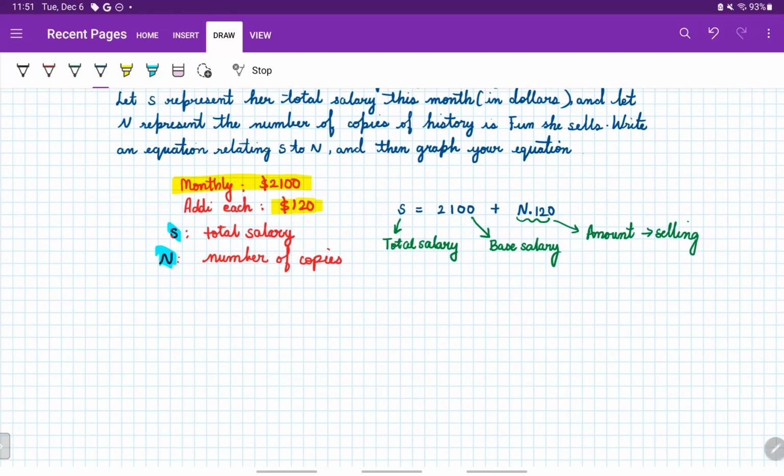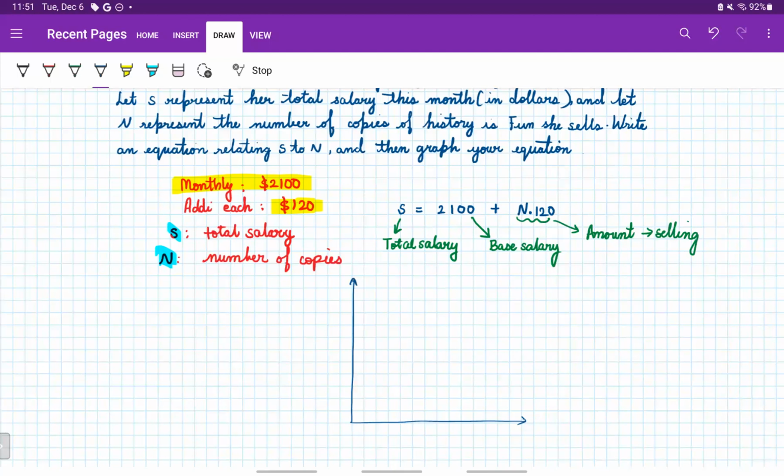Okay, let us now try to graph this. It's going to be a straight line, and it only will be in the first quadrant, where the money is positive and the number of items she sells is positive. So we would need only a graph which has just the first quadrant instead of all four quadrants. You could have all four quadrants, but you wouldn't have anything graphed on those quadrants.